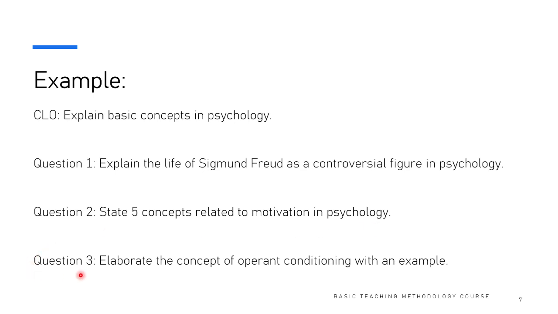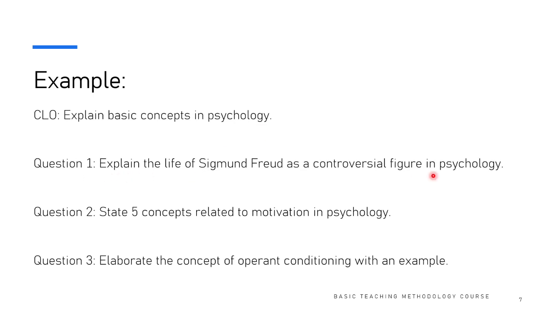And question number 3 asks, elaborate the concept of operant conditioning, one of the concepts in psychology, with an example. Now the question is, which one of these questions is deemed as having high validity, measuring what it is supposed to measure, which is the CLO of explaining basic concepts here.